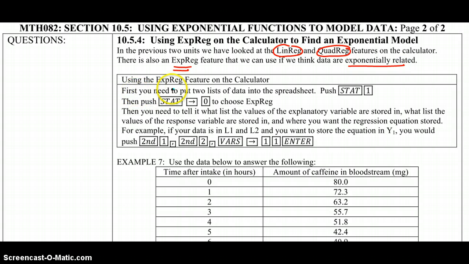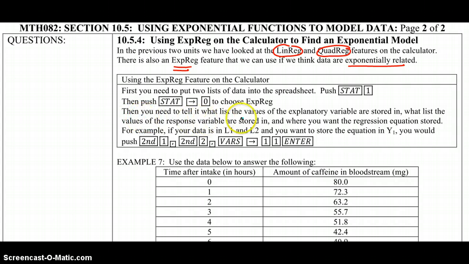To use the exponential regression feature on the calculator, just like the linear regression and quadratic regression, you would first need to put two lists of data into the spreadsheet. So we push stat 1 and enter those two lists of data into, like, L1 and L2. Then you would push stat and right arrow over, and next to button 0 it says to choose the exponential regression.